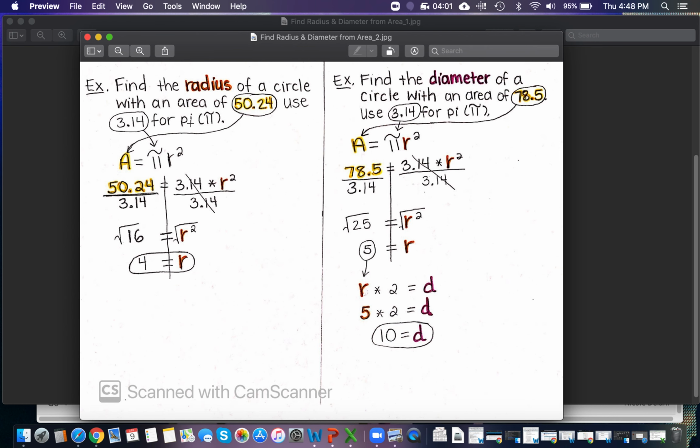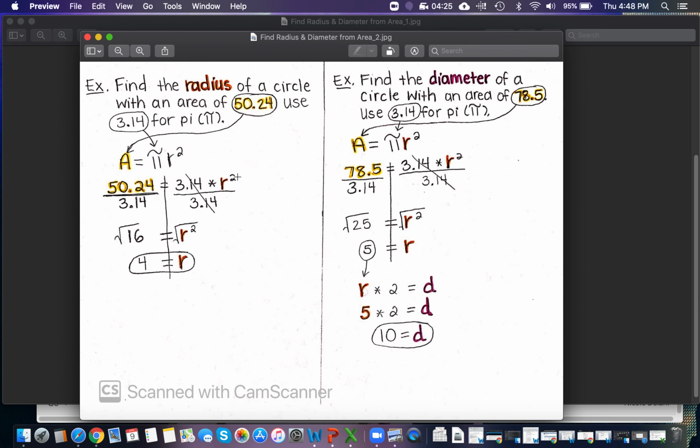I'm going to plug in my known information. In this case, I know the area is 50.24, so I'm going to plug that in. And I know that they want me to use 3.14 for pi, so I'm going to plug that in there. So now I have 50.24 equals 3.14 times the radius squared.